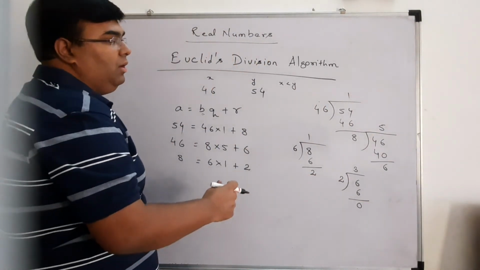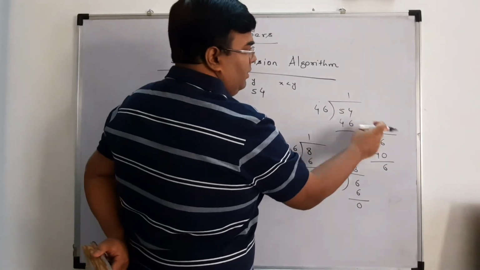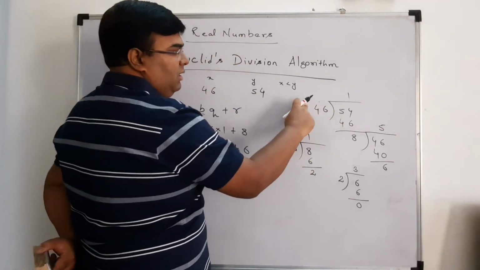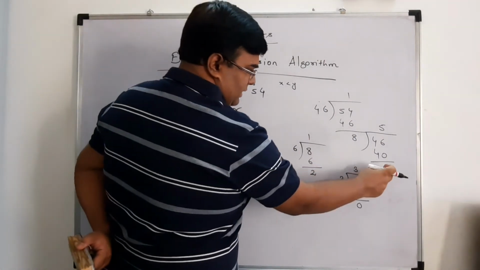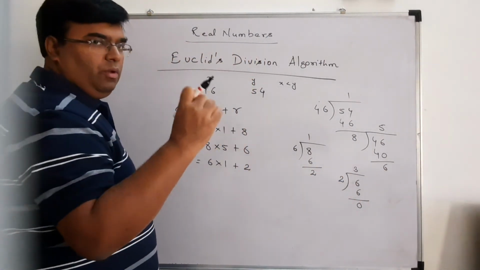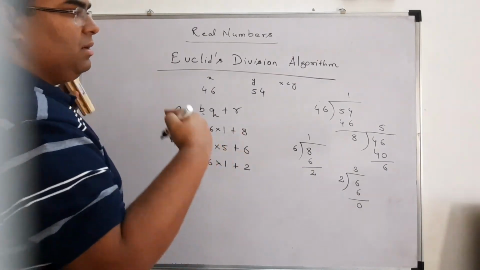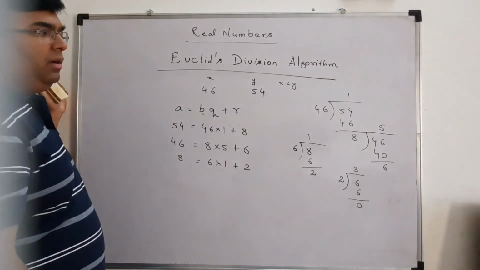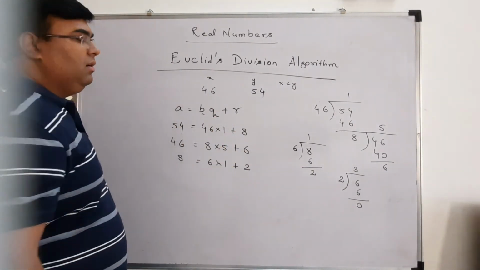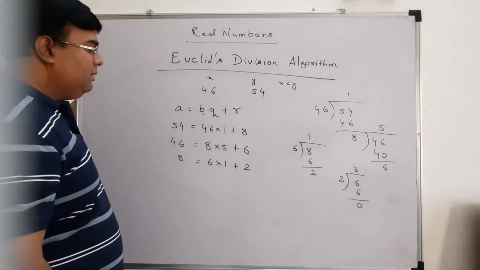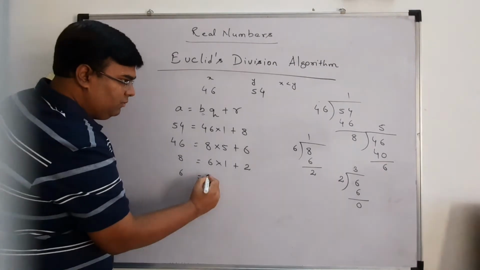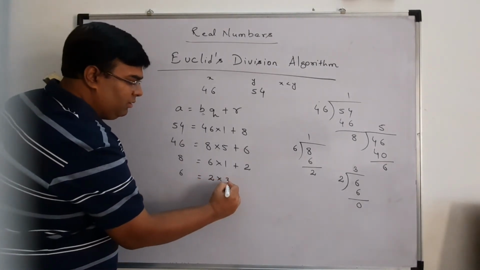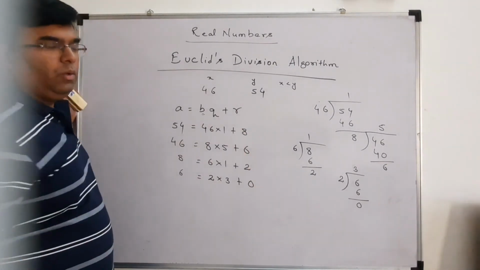And then we keep on changing our numbers. This 46 division, it will go inside, 8 goes inside, 6 goes inside. So whatever your remainder is, it will become the next divisor, and the divisor will become the next dividend, the next number, right? So we can write the last step as 6 = 2 multiplied by 3 plus 0.